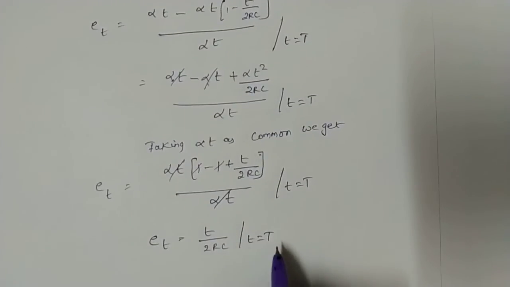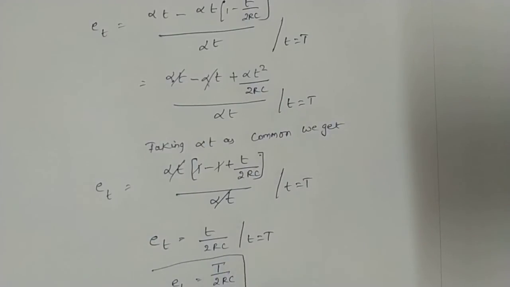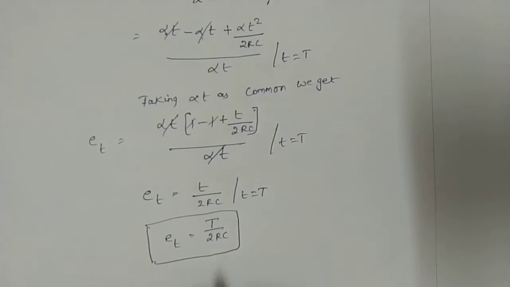At the time period of T, we will get a transmission error of capital T by 2 RC. This is the transmission error we have to calculate.